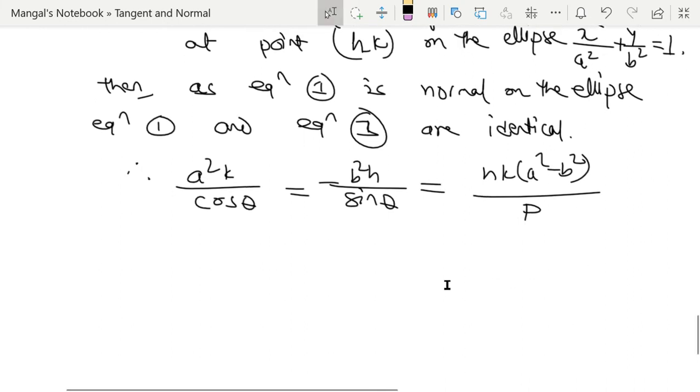Now, by using these three ratios, let's find the values of h and k.